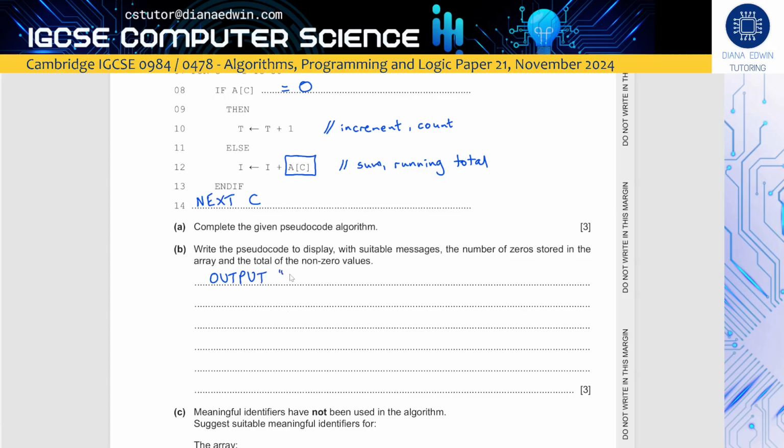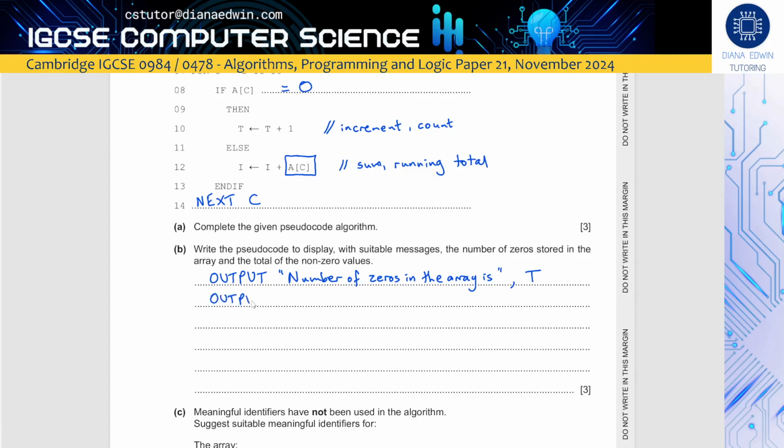So here's my suitable message: number of zeros in the array is, and then I can just put a comma. Now, which variable is holding that? Well, it was t.